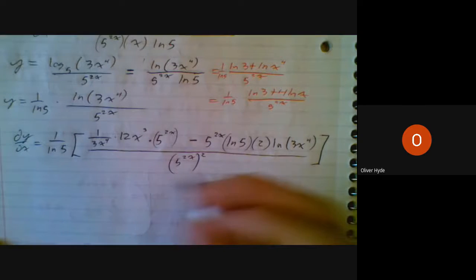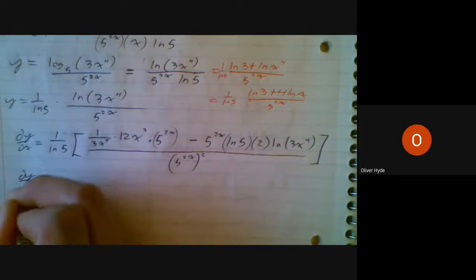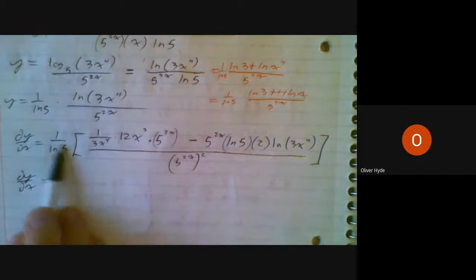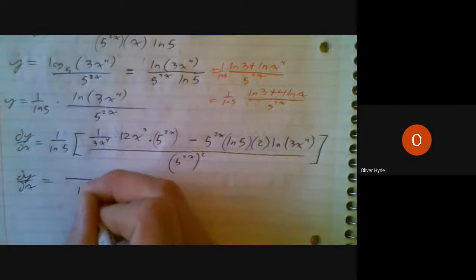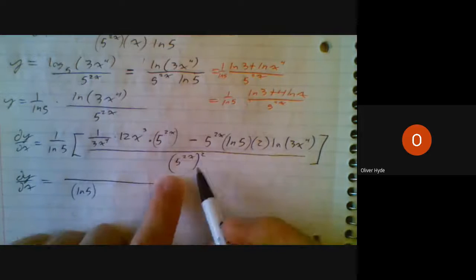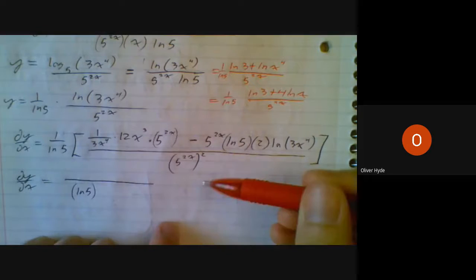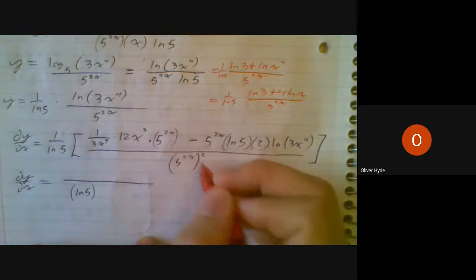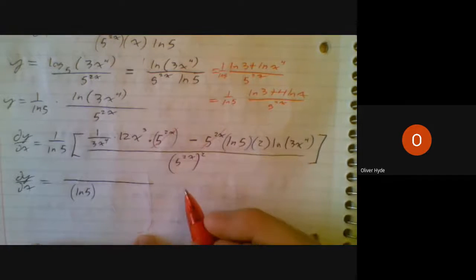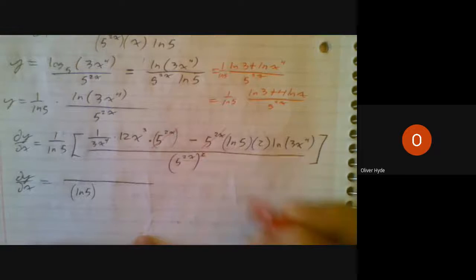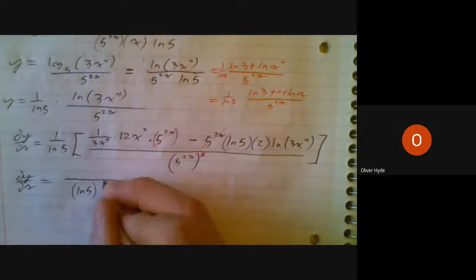All right, let's start tidying up. I'm just going to sneak that factor of the natural logarithm of 5 down into the denominator here. So I'll have a ln 5 in the denominator. Same argument here, even though they can cause problems, I'm going to distribute this division. I'm going to divide both terms in my numerator by 5 to the exponent 2x, and I'm going to divide my denominator by 5 to the exponent 2x.